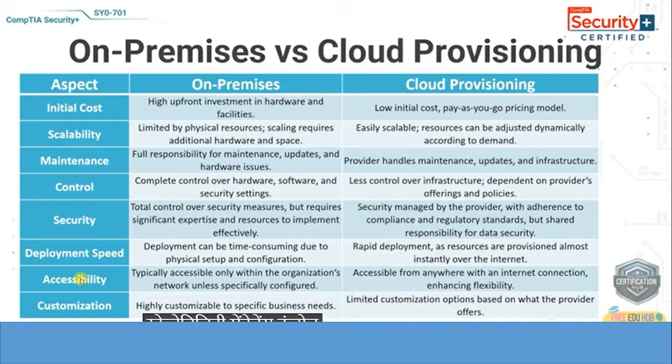If you need only 2 machines, you can go with 2. The provider handles the maintenance, updates, and infrastructure, so you don't need to worry about that. Control: less control over infrastructure, dependent on the provider's offering and policies.